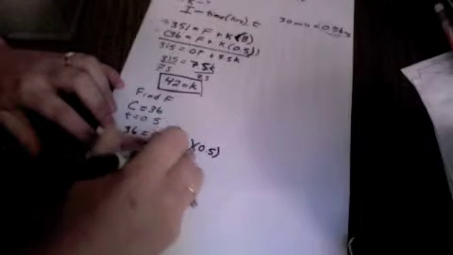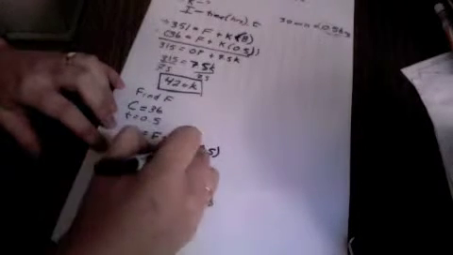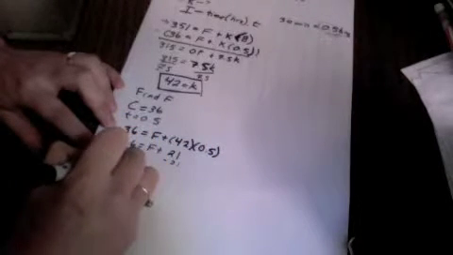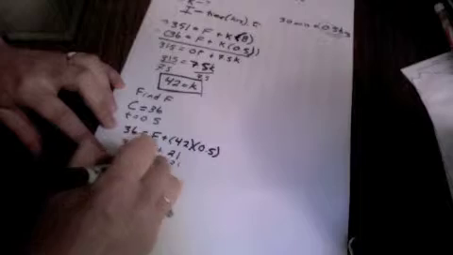We want to get this F all by itself, but it's added to this pesky 21, so we go minus 21, minus 21. So then we're left with 15 equals F.